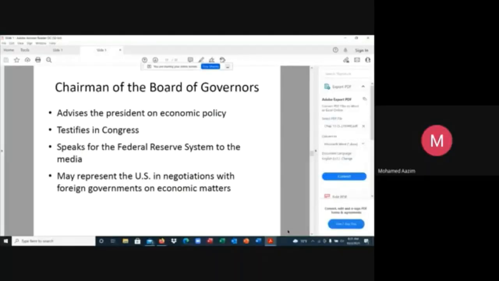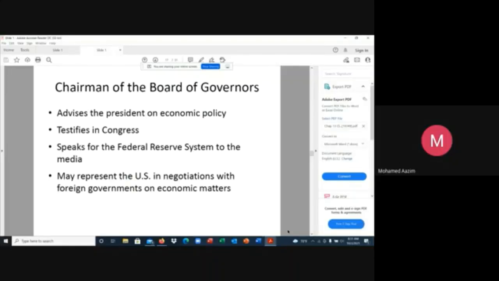So, based on these, the Board of Governors ultimately drive their decisions, and the person who is vested with most of this on his shoulder and acts as the go-between between stakeholders and the decision making board is the chairman. In the case of Sri Lanka, the governor of the central bank.